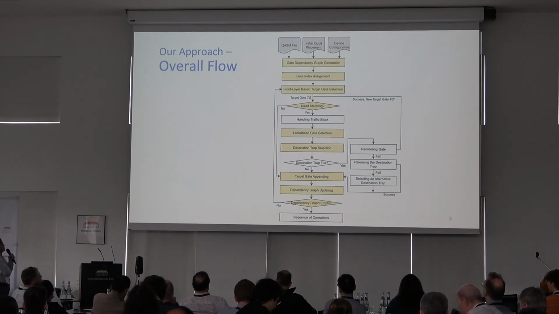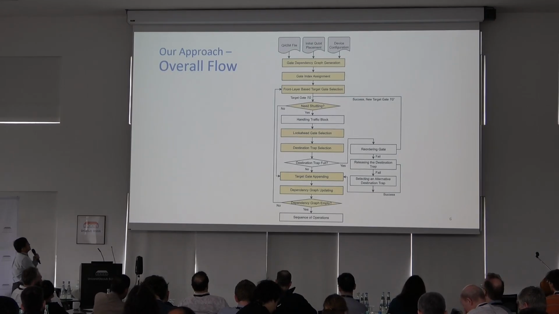Once the target gate is scheduled, the gate dependency graph gets updated by removing that particular target gate as well as its outgoing edges. So the whole process is iterated until the dependency graph becomes empty, meaning that all gates have been scheduled.